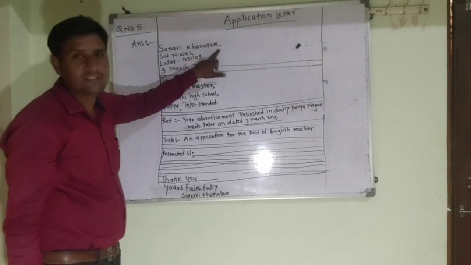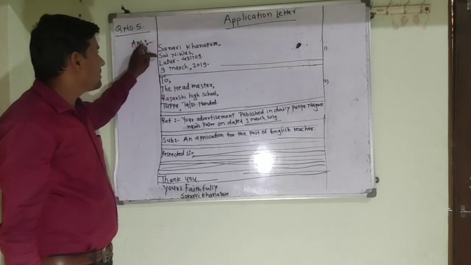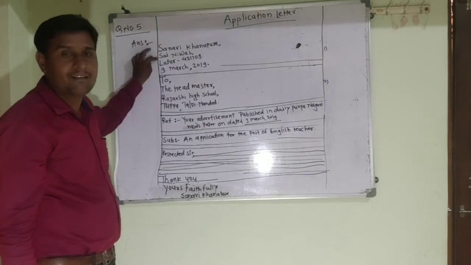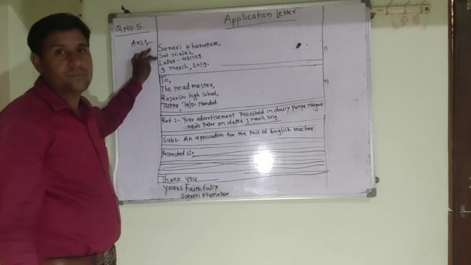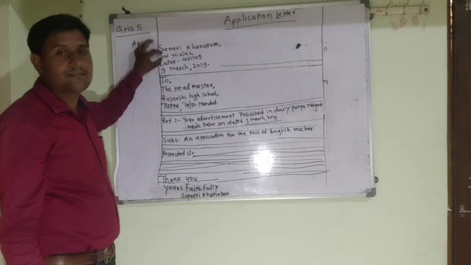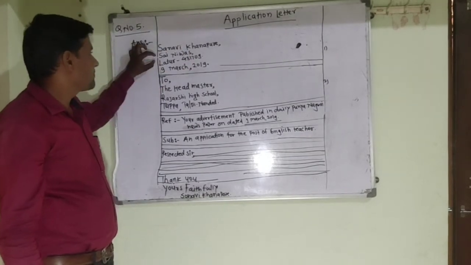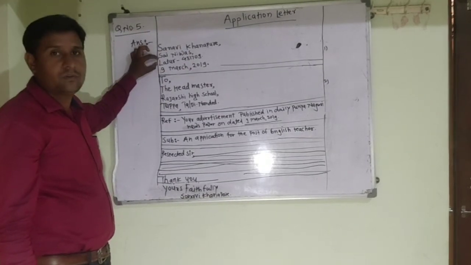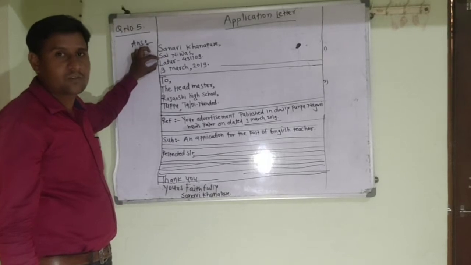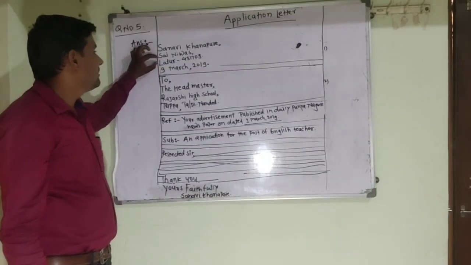We should put a comma here, and below Sanvi Khanapure you should write the address of the writer. It is Sai Niwas, comma, write down below. It is the location of the writer. We call it the village of the writer, Lapur.